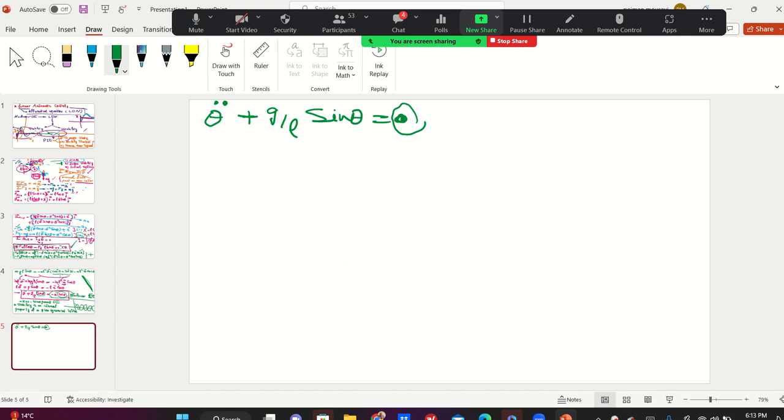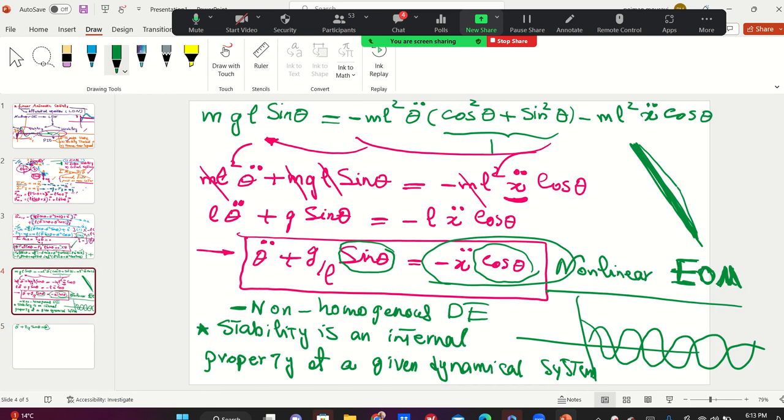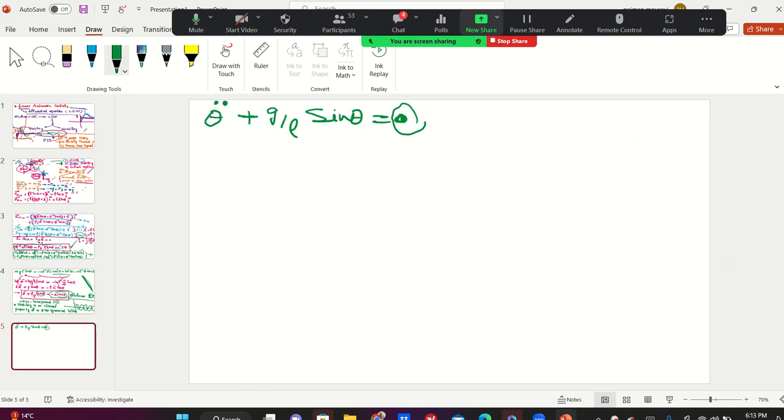First of all, you cannot judge the stability of the moving pendulum. I intentionally moved the x double dot here because I want to teach you something. Let me not do that, because I want to do this minus x double dot cosine theta.